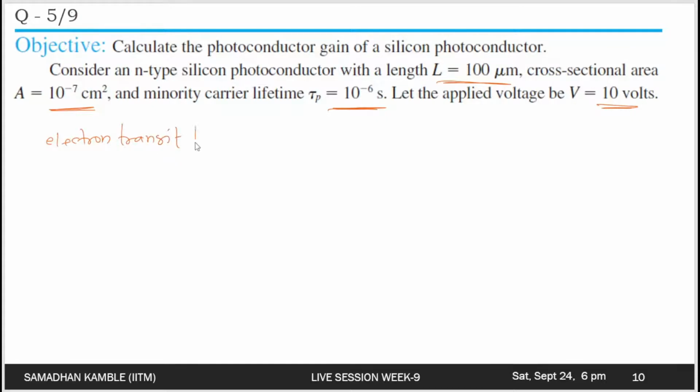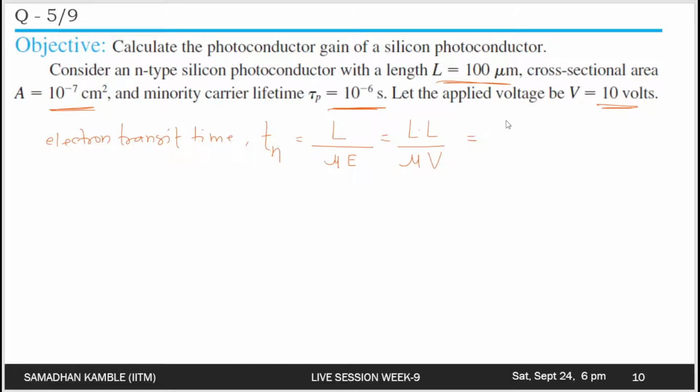It is given by Tn equals L over the mobility times the electric field. Substituting the electric field, which is voltage per unit length, we get L times L over mobility times voltage, so L squared over mu times phi.